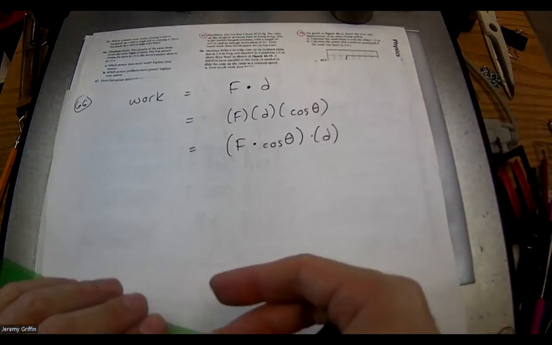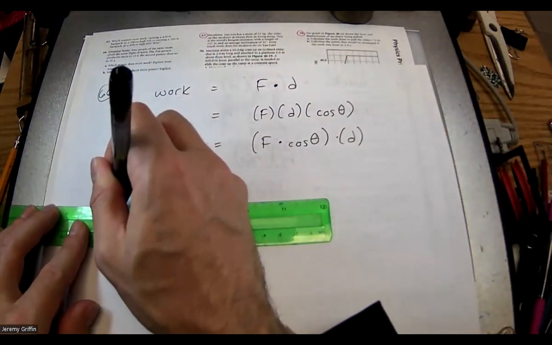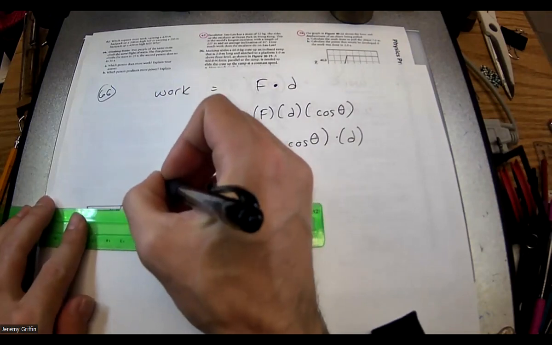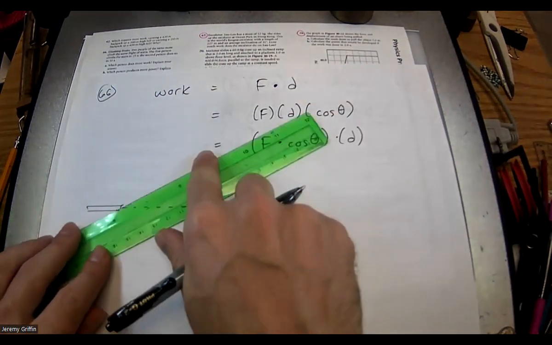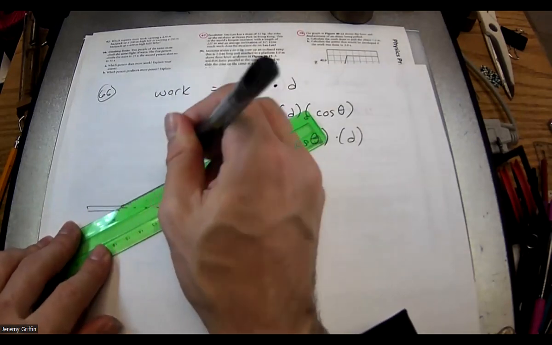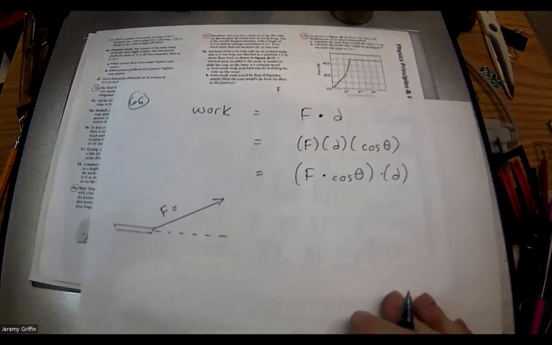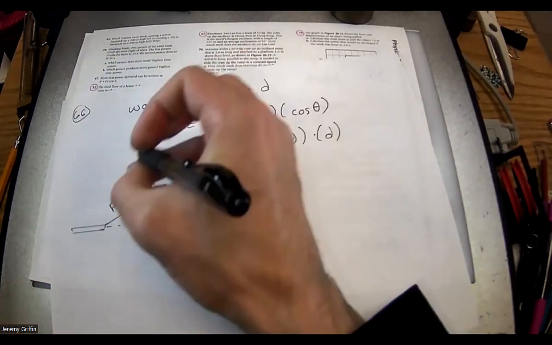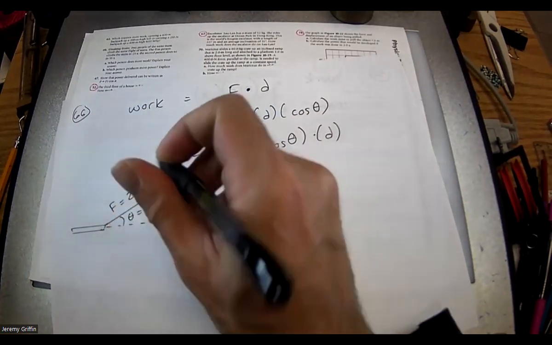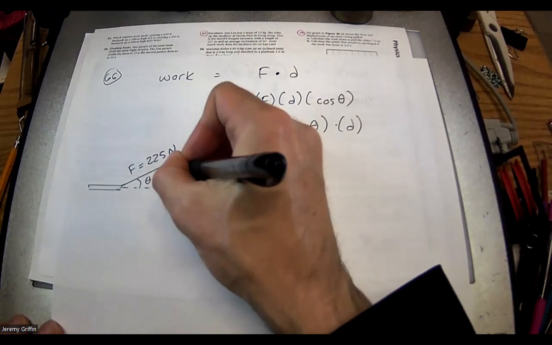Okay. And the reason I like to think of that is like, here's your sled. Here's the horizontal, which is the direction it actually moves in. Here's your force, the pulling force, which they told us was 225 newtons. Here's the angle, 35 degrees above the horizontal.